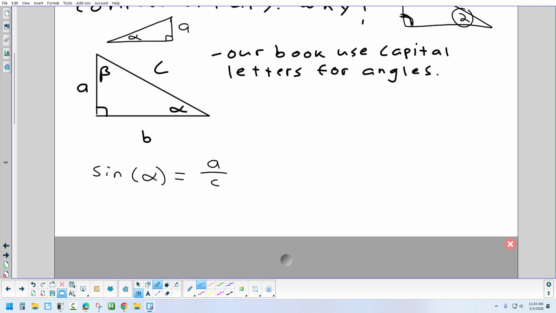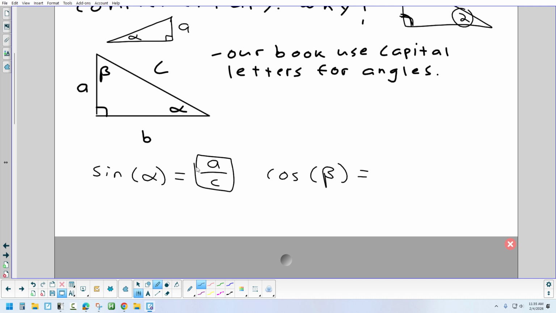Here's another problem. What would be the cosine of beta? What's the definition for cosine again? Adjacent over hypotenuse. Oh, wait.